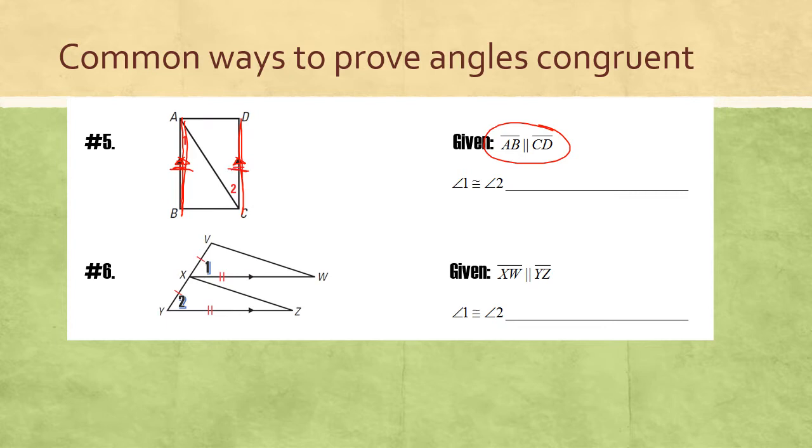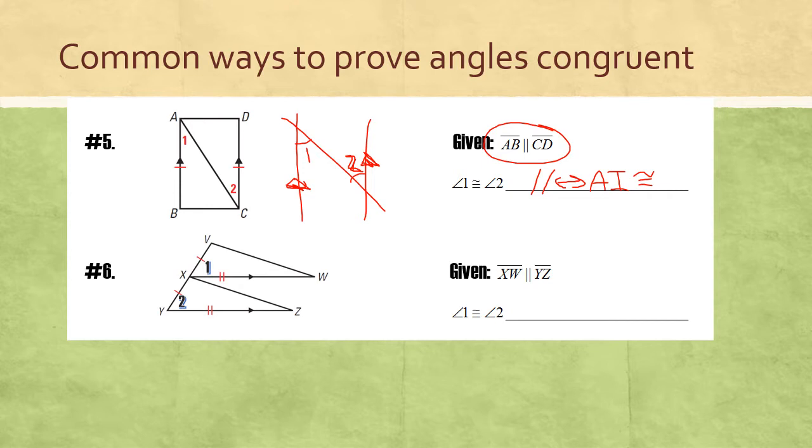But anyway, how can we say that angle 1 is congruent to angle 2? Well, don't forget everything you know. The situation we have is this right here. Here's angle 1 and here's angle 2. And these segments are parallel here and here. Well, hopefully you're recognizing that these are alternate interior angles. So alternate interior angles will be congruent.